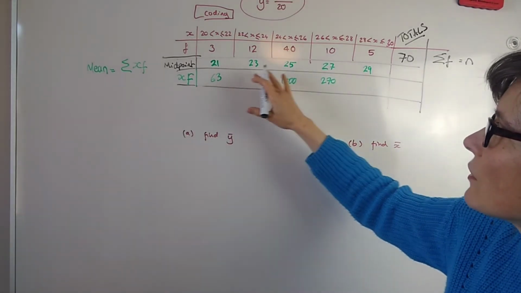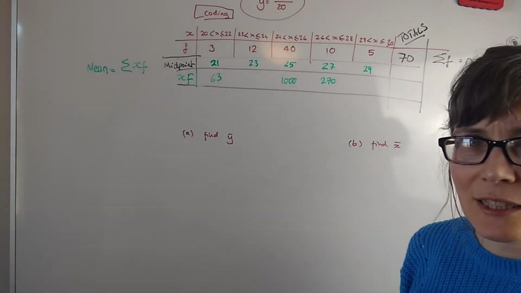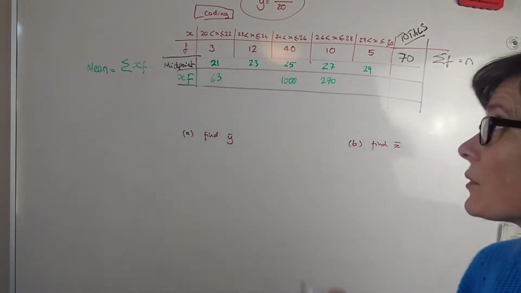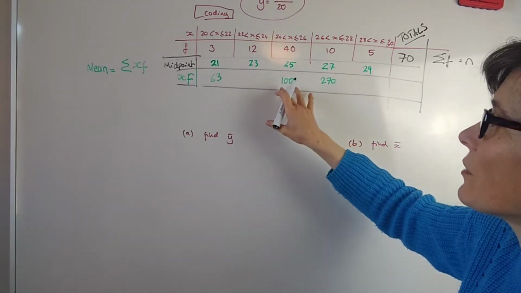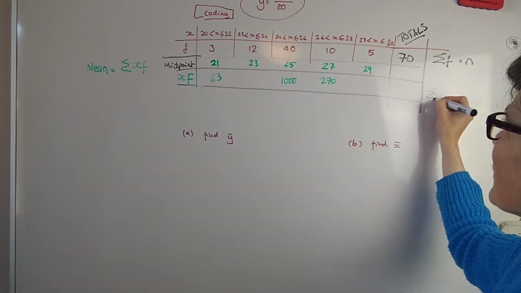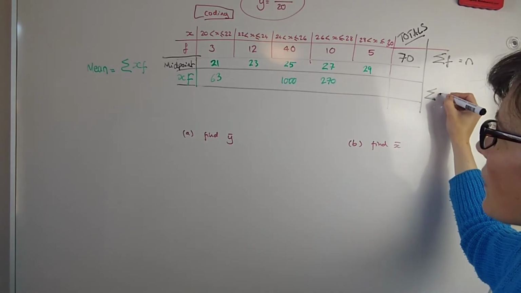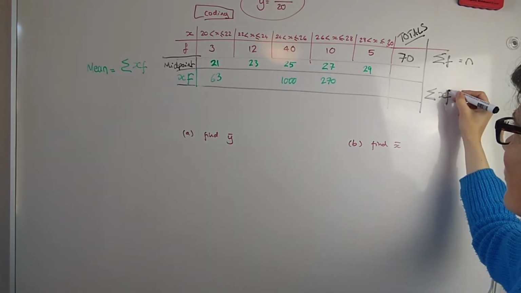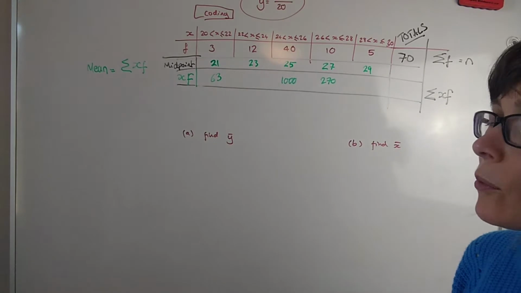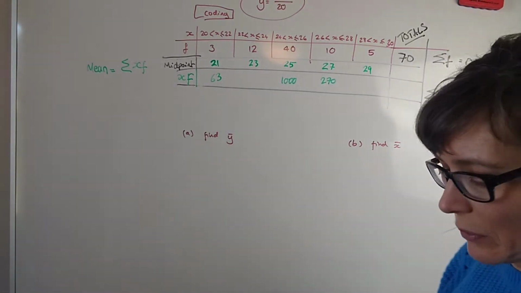When we add all of these x's together, that doesn't actually give us a very useful result because they need to be weighted by their frequency. But when we add these ones together, we should get the sum of xf, the sum of all the light bulb hours that we've got.